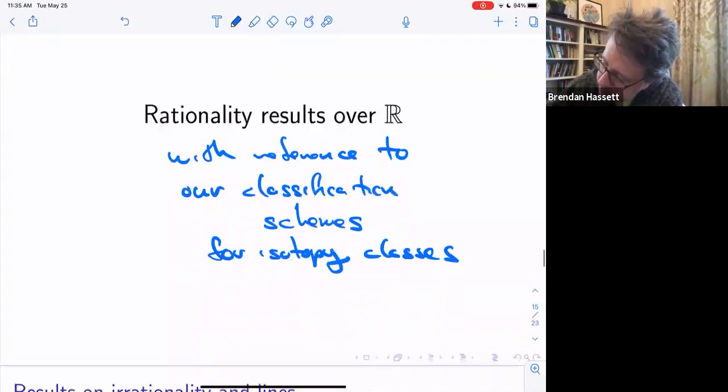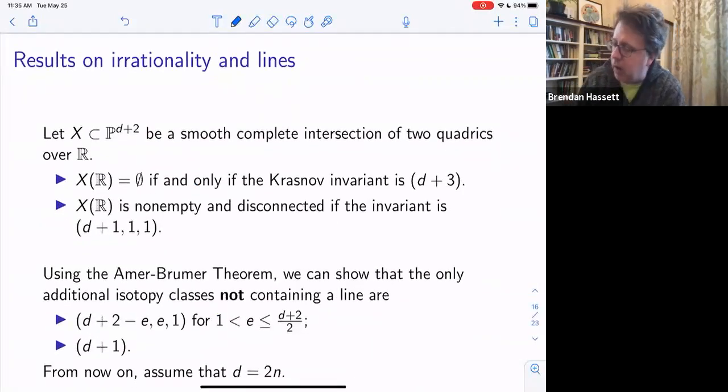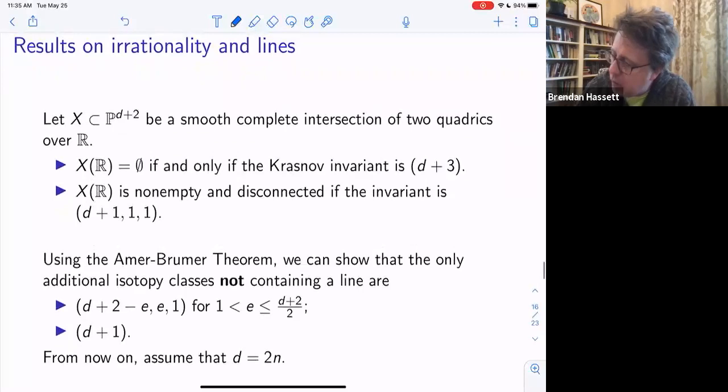Okay. So let's see, results on irrationality. Let me start with that. So let's say that we have, again, a smooth complete intersection of two quadrics over R. And the first thing I want to emphasize is that there are no rational points precisely when the Krasnov invariant is D plus 3.